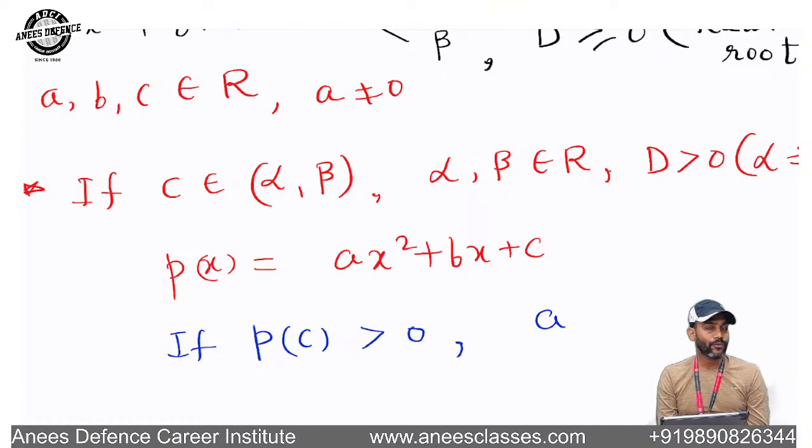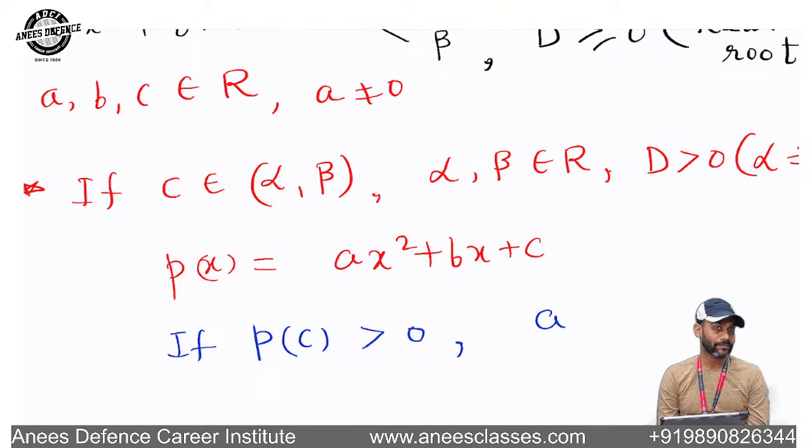What is the meaning of p of c? We have to put the value x is equal to c in p of x. If it is positive, then what about a? Is a positive or negative?